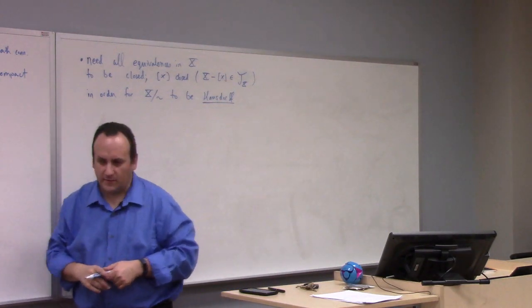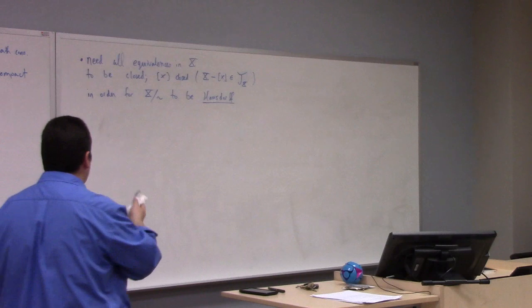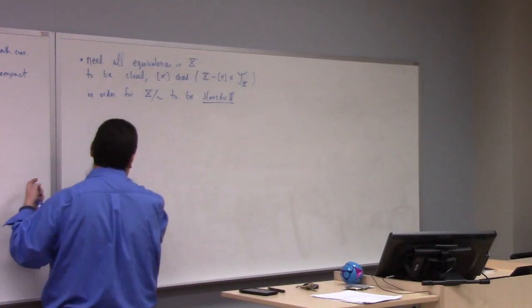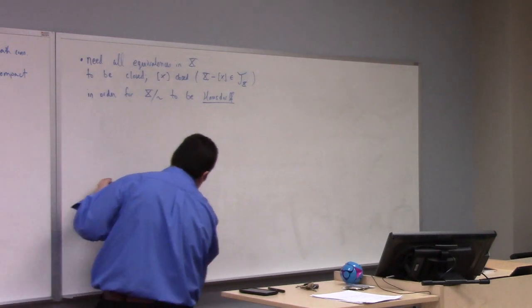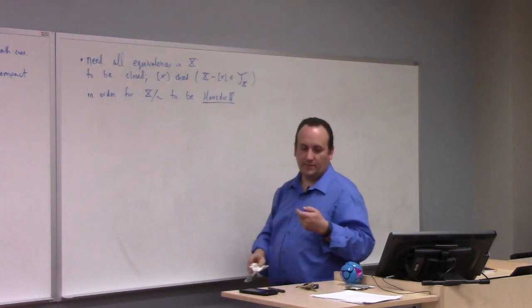Well, one thing we can prove about a Hausdorff space is that points, singletons, in a Hausdorff space are closed. You may recall that from when we were talking about Hausdorff. So, why would this be a problem?